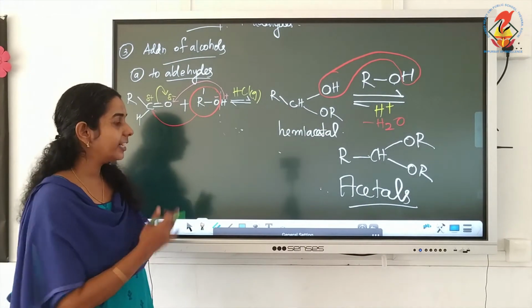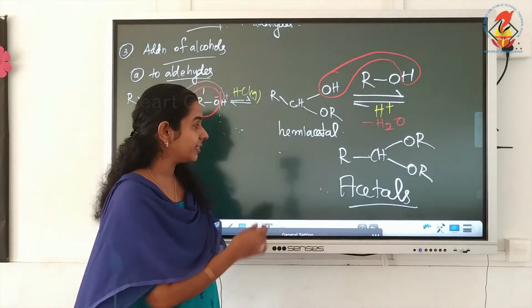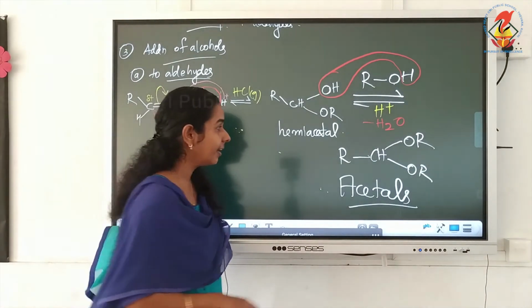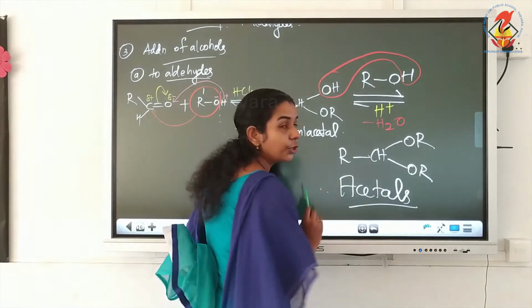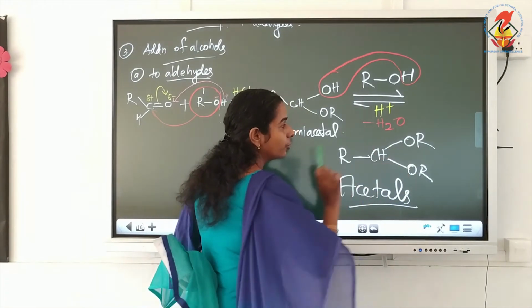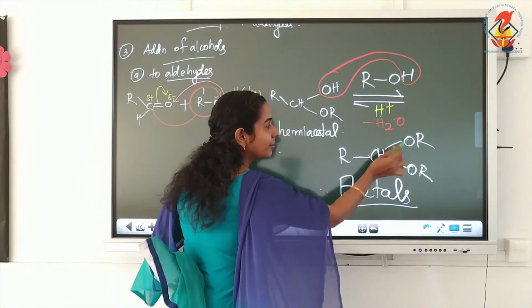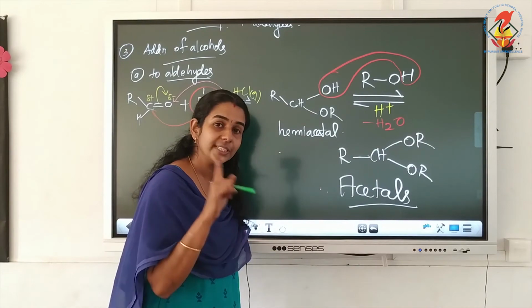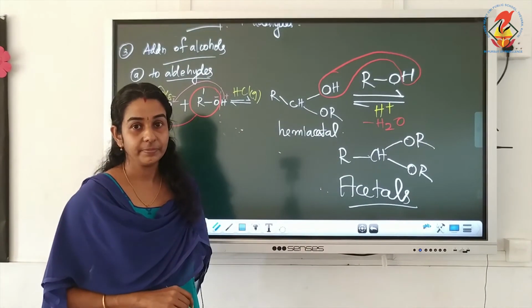Acetal, from the word itself it is clear. How can we define acetal? The next question is, define acetal. We know that OR group is called alkoxy group. So, how many alkoxy groups are present here? 2. Now, if two similar groups are attached on the same carbon, it will be called geminal, isn't it?